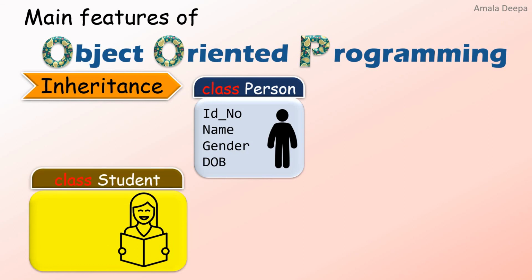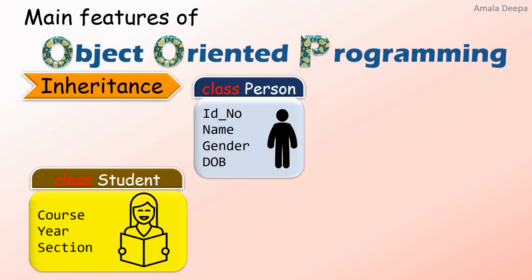But student is also a person because a student also has ID number, name, gender, and date of birth. So instead of defining these attributes once again in class student, I only focus on the additional attributes required for a student such as course, year, and section.